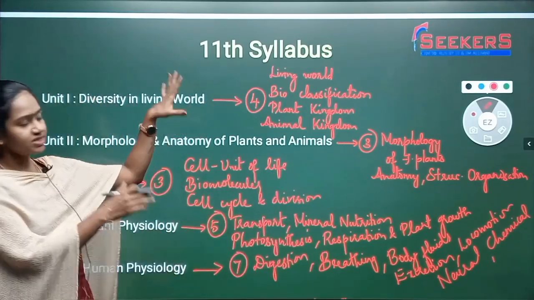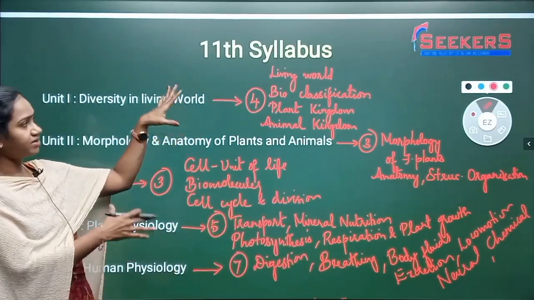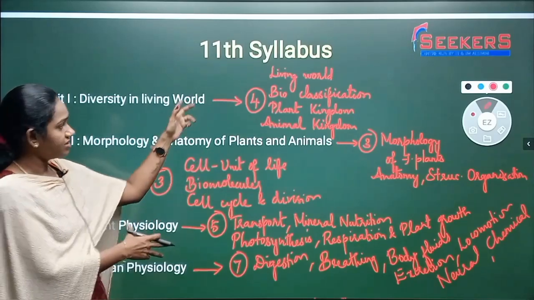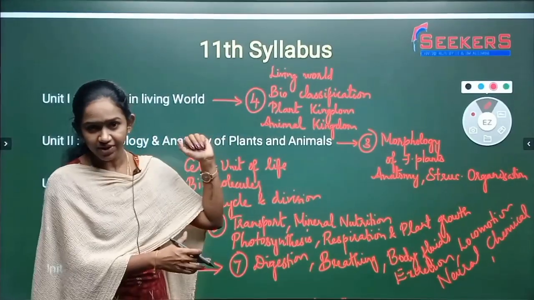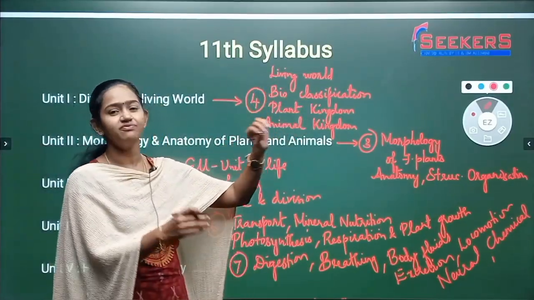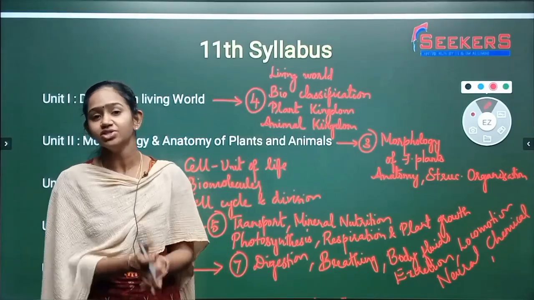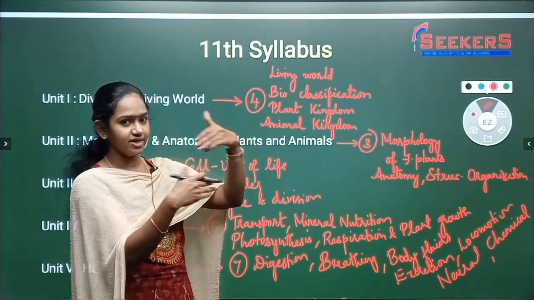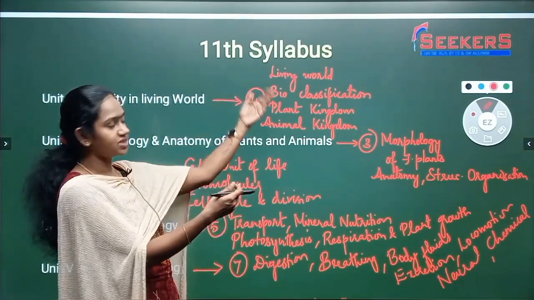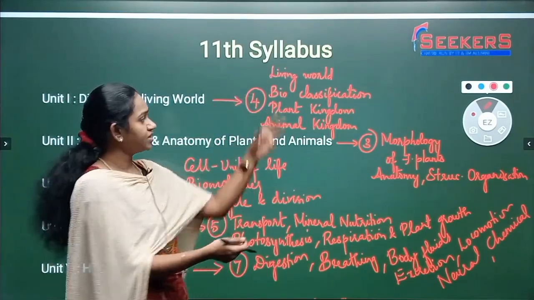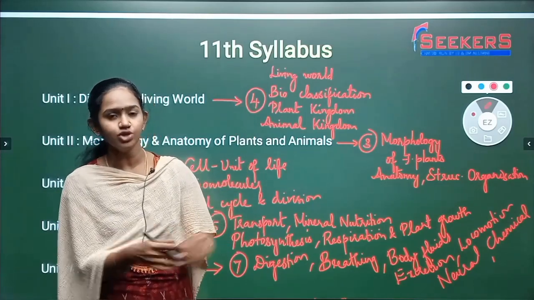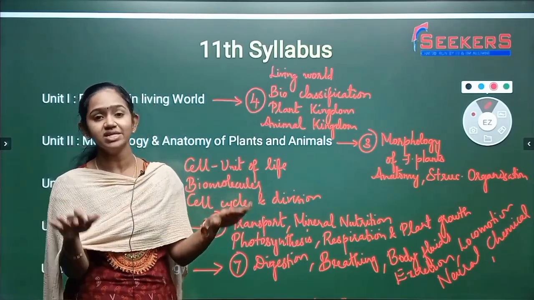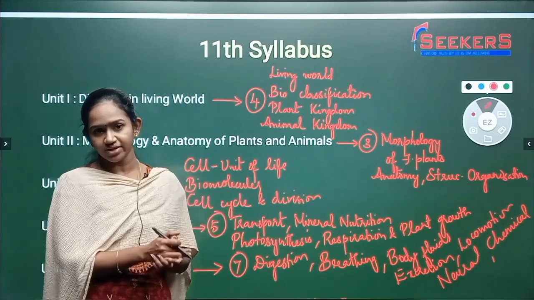Okay, so see, these 5 units are there in your 11th syllabus, and the very first unit, diversity in living world, the living world chapter is the very easiest and simplest chapter in your NEET biology syllabus. Yeah, so in the next class, we are going to discuss this living world chapter. Then the second chapter, biological classification, you are going to study about the basic 5 kingdoms of living organisms, right?